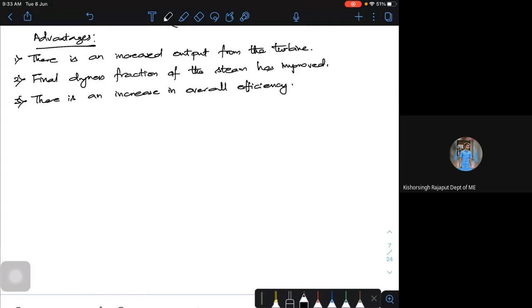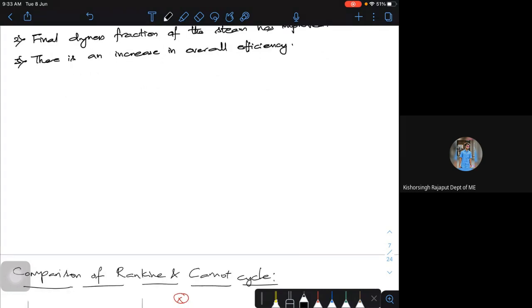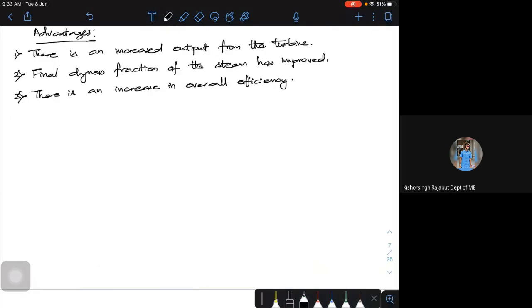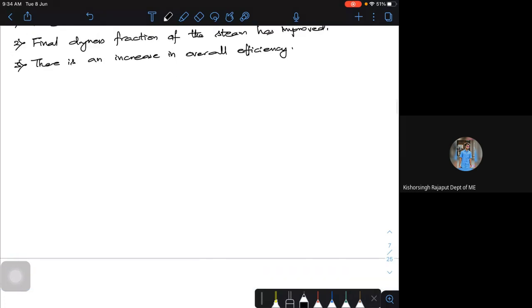So my overall thermal efficiency will also increase. That's one more advantage. The third, because of the improvement in the dryness fraction of the steam, what I told, erosion or corrosion problems of the steam can be avoided or can be minimized.